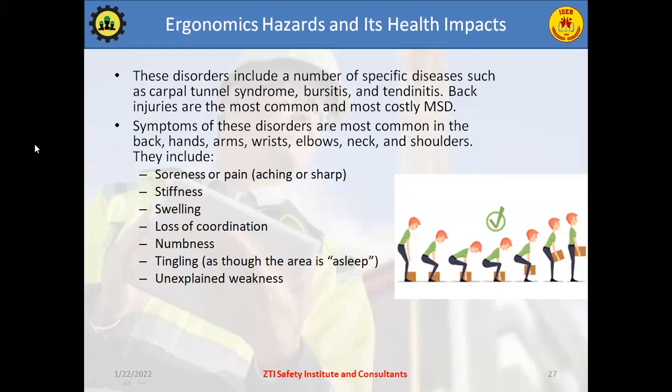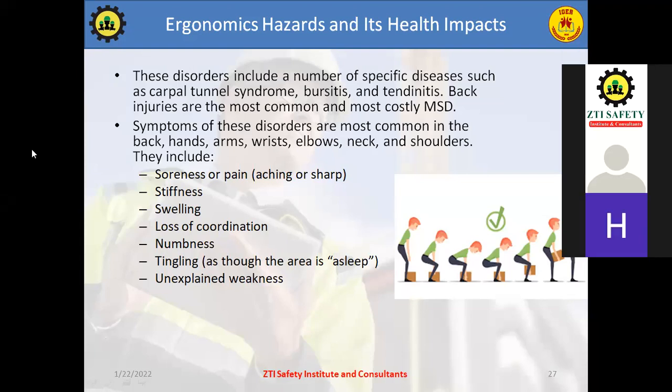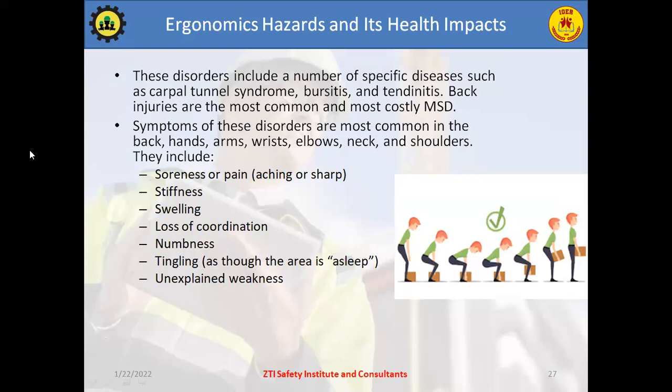Whenever we assess the workplace conditions and the workers, we take the history of the worker who is sitting and has the problem, such as his body weight, the way he is sitting in the chair, the type of chair he is using, the height of the table and the chair, leg support, lumbar support, the number of breaks he is taking in between, and the posture of his neck, because of the level of his eyesight staring at the display screen.